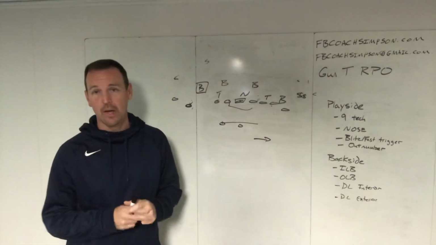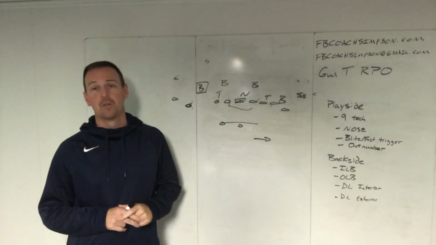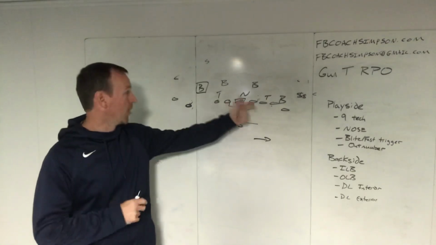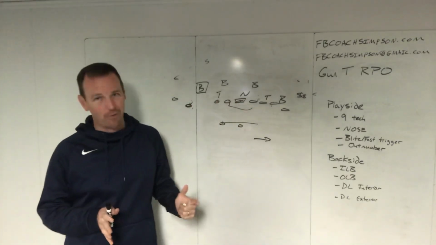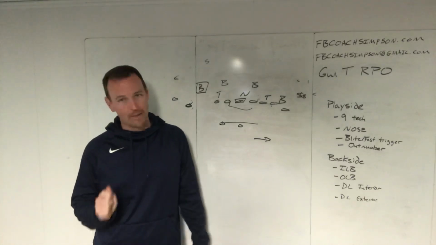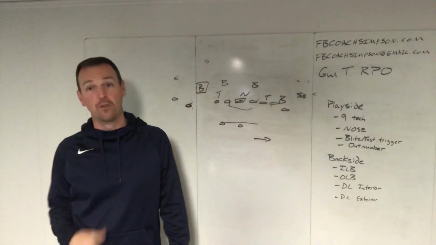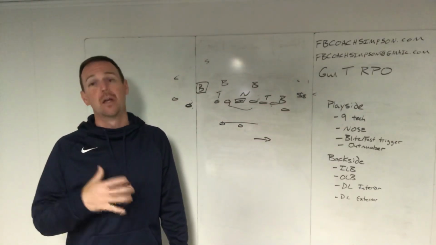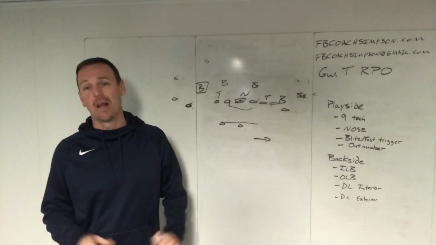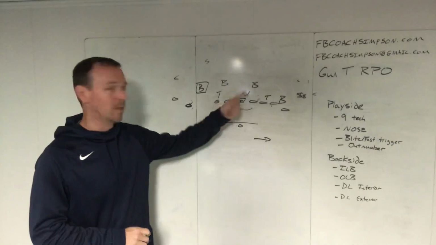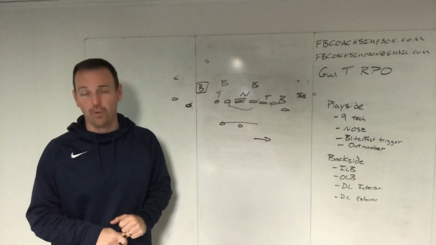We consider outside linebackers in most defenses to be a conflict player. And I drew up a 3-4 here, but especially in a 4-3 where that guy's kind of trying to play maybe even a gap inside and he's got to play in space, he's a true conflict defender. He's got a lot of responsibility. So it doesn't just have to be against a 3 front. It could be against a 4 front as well.